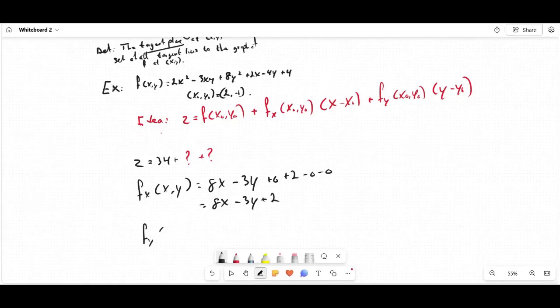There's also a derivative in the y direction, and that one is 0 minus 3x plus 16y plus 0 minus 4 plus 0. Minus 3x plus 16y minus 4.